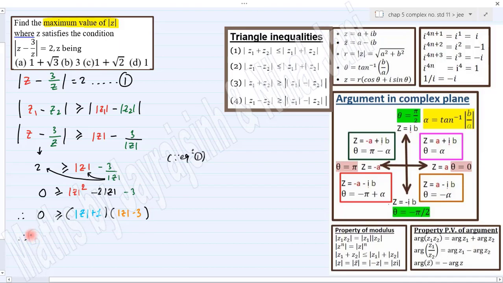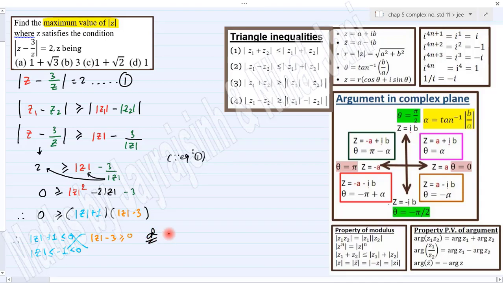The first one is mod z plus 1 is less than 0 and mod z minus 3 is greater than or equal to 0. But we know that our modulus cannot be less than 0. So this condition is false.